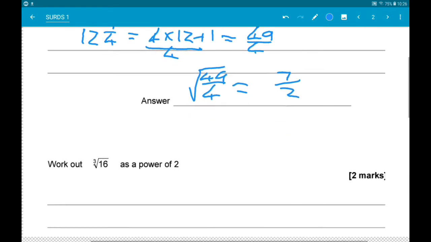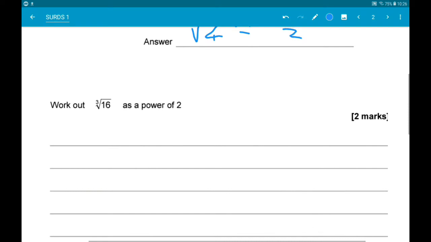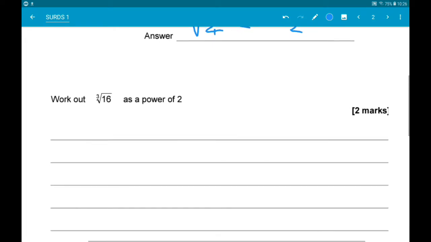Okay, then part B. We want to work out the cube root of 16 as a power of 2. Okay, so 16 is 2 to the power 4. Now a cube root is a power of a third.